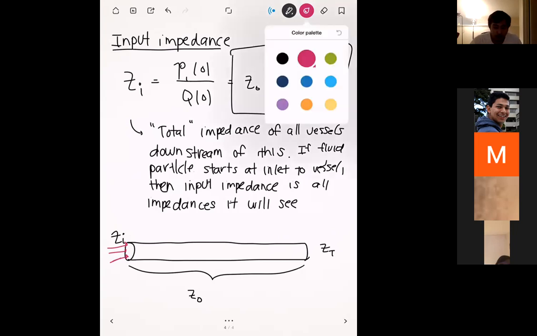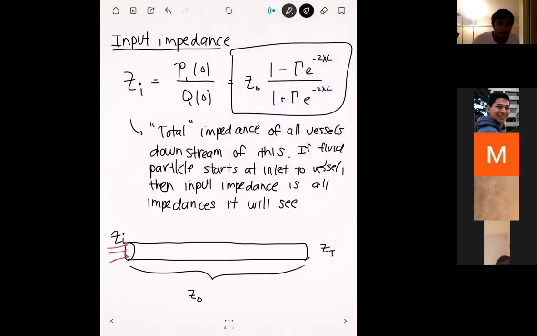Okay, any questions on this so far? All right, let's give a better definition for all of these impedances. Actually, let's start from the right and work our way left. Let's start with terminal impedance first.